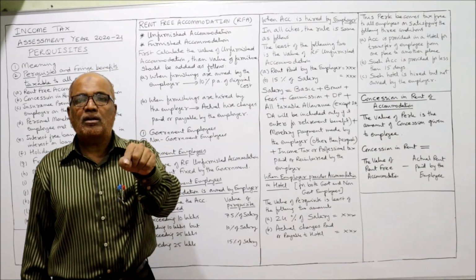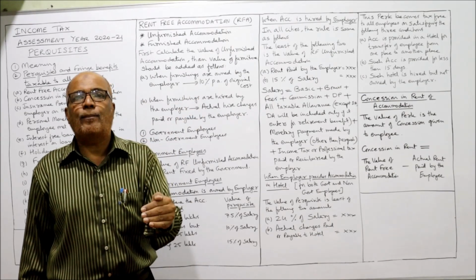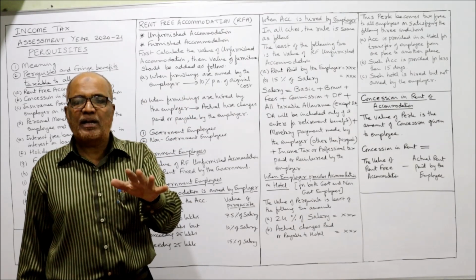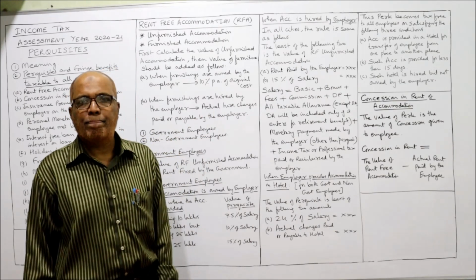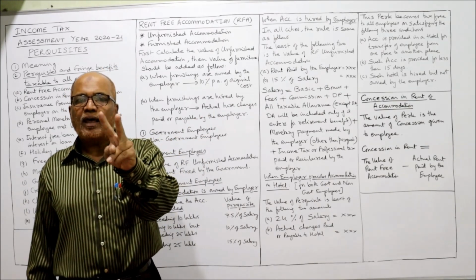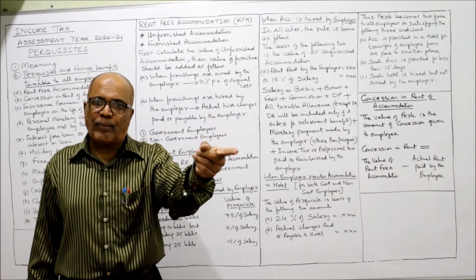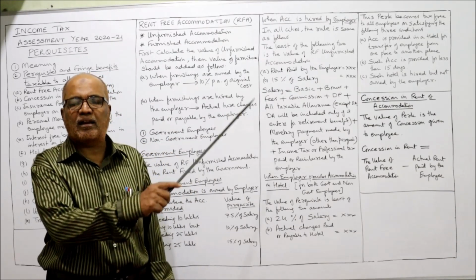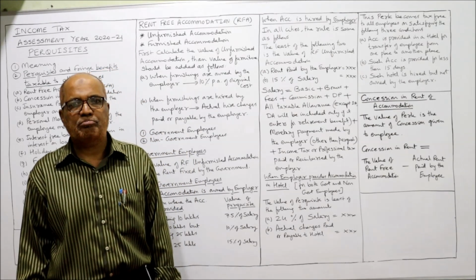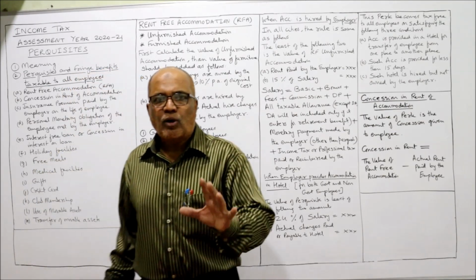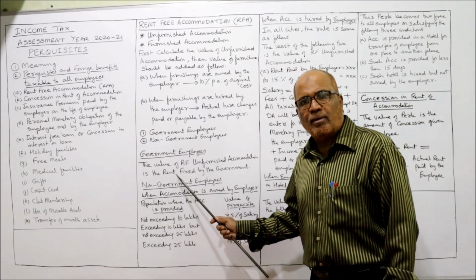If the accommodation is hired by the employer and given to the employee, least of the following two: actual rent paid by the employer or 15% of salary, whichever is least, is the value of the rent-free unfurnished accommodation. So again I repeat, two categories of employees, government and non-government.